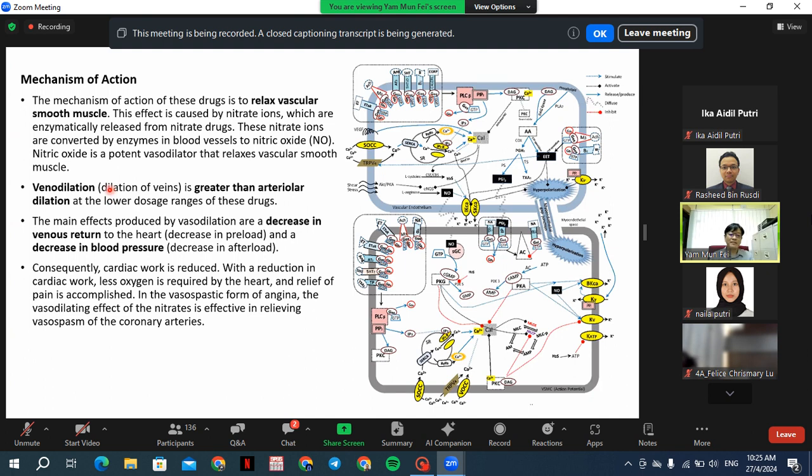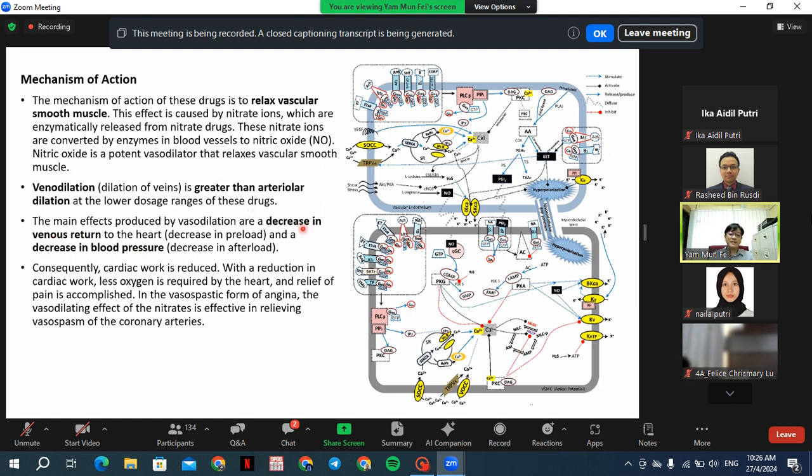These drugs dilate more venous than artery at low dose. When you increase to the maximum dose, it's another story. Everything becomes saturated, so the effect will be similar. At low dose, they will dilate veins more than arteries. That's why they highlight low dose. At high dose, everything becomes maximum dilation, so you cannot compare anymore.